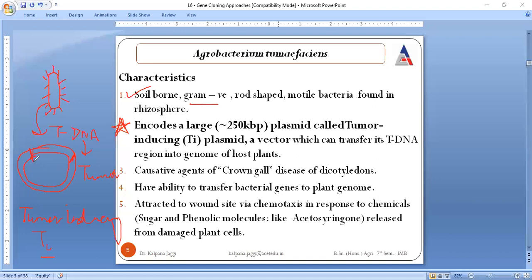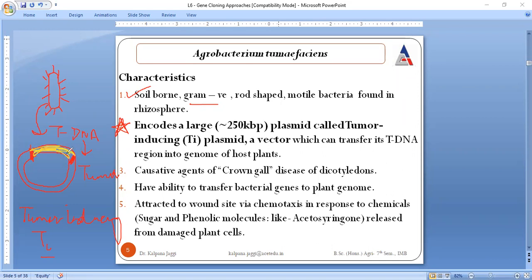So what is to be done? There are many regions present within this tumor-inducing plasmid, and I won't be going into detail. The only fact I will let you know is that this tDNA region can be transferred elsewhere. This is the important segment that can be transferred into the plant.